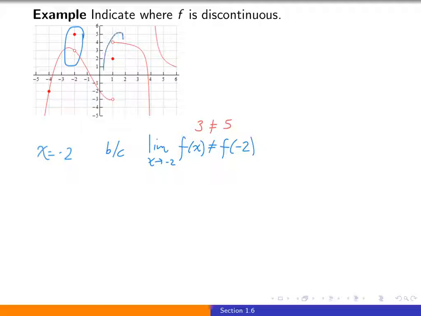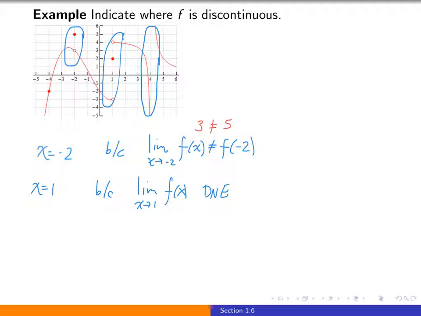Similarly, at x equals 1, this is discontinuous because the limit does not exist. You have one limit value from the left, a second from the right. So the limit as x approaches 1 of the function does not exist. And lastly, if we focus in on x equals 4, we see that the graph has what appears to be a vertical asymptote, which means the function is undefined.